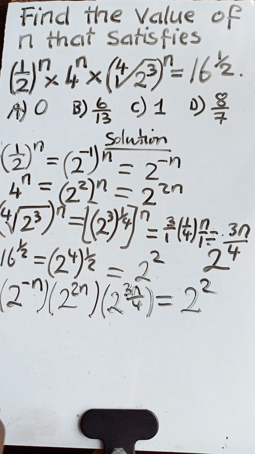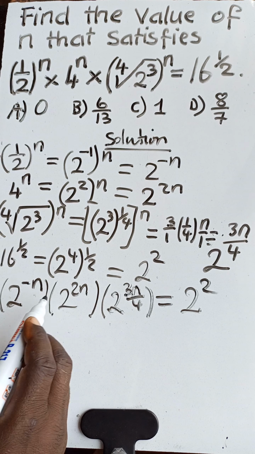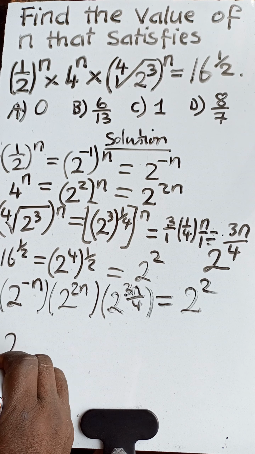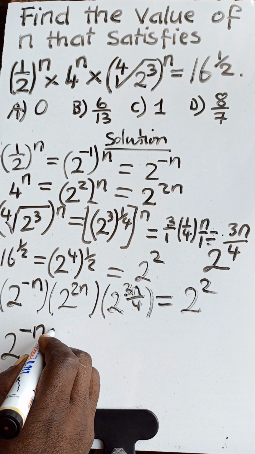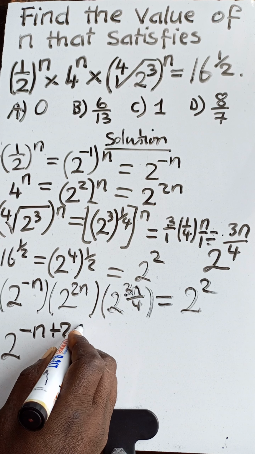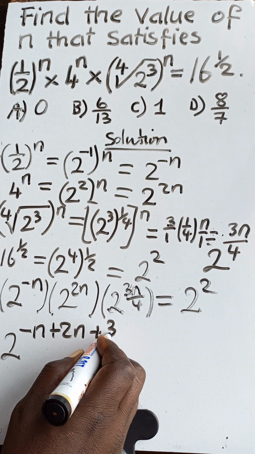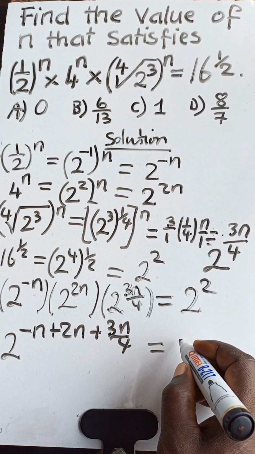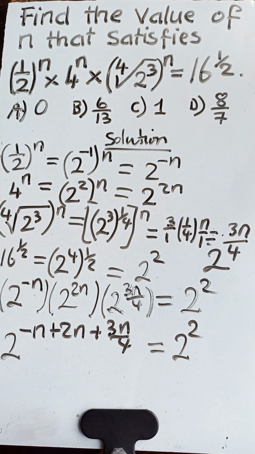Okay, so when we're multiplying and the bases are equal, we just simply add the powers. So we have 2 to the power negative n plus 2n plus 3n all over 4, is equal to 2 squared.